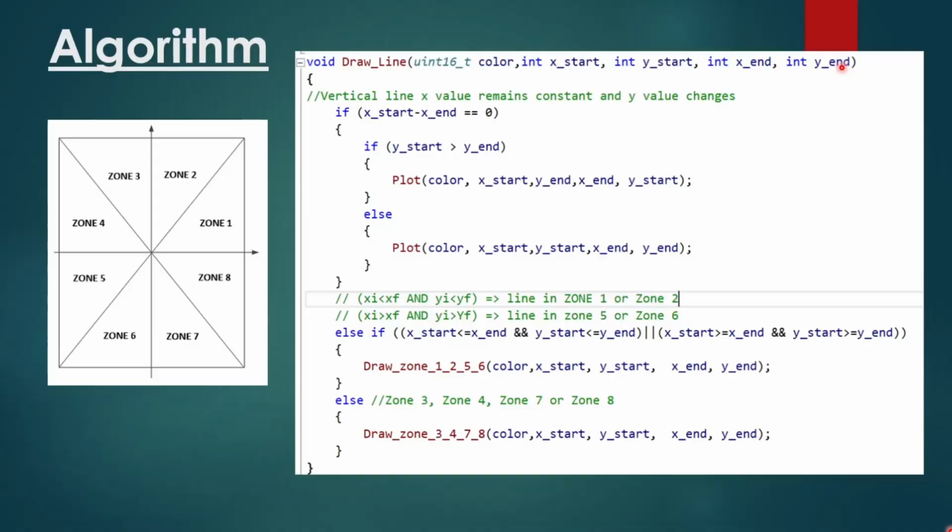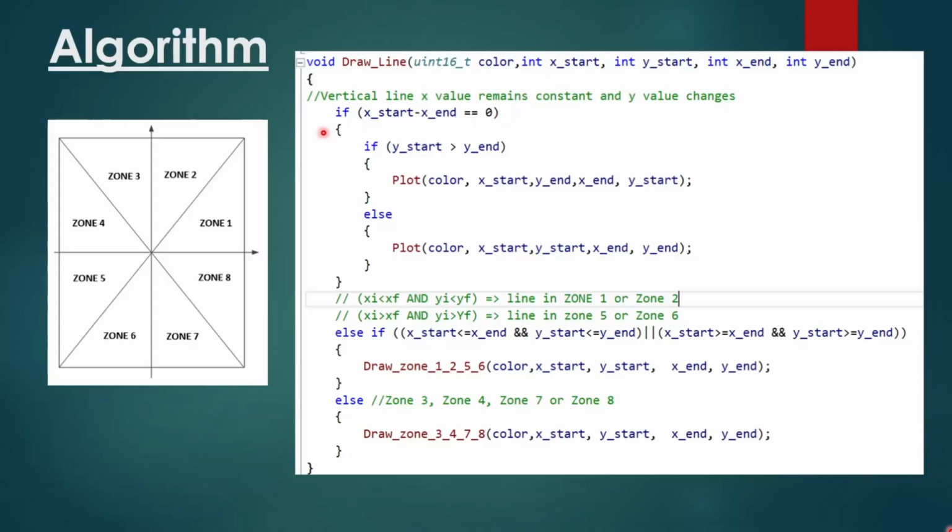The first thing we're going to evaluate here is whether or not the line is vertical. So what we do is we subtract x start minus xn. If that's 0, that means that the line is vertical because it has the same value for x, and what changes is y.